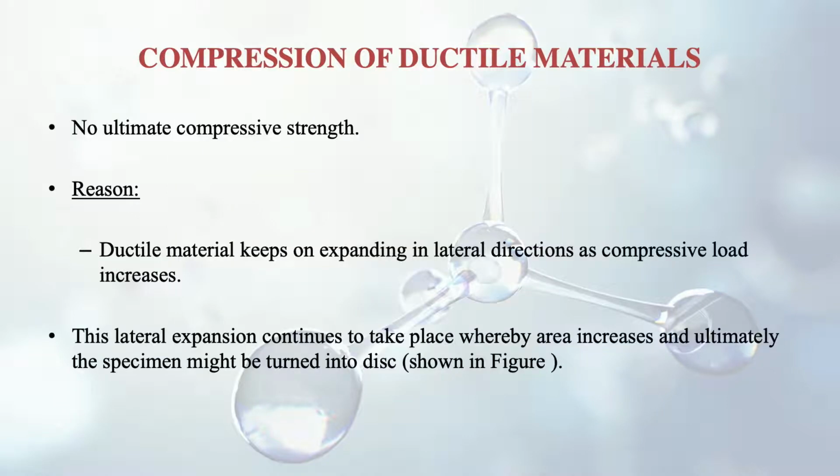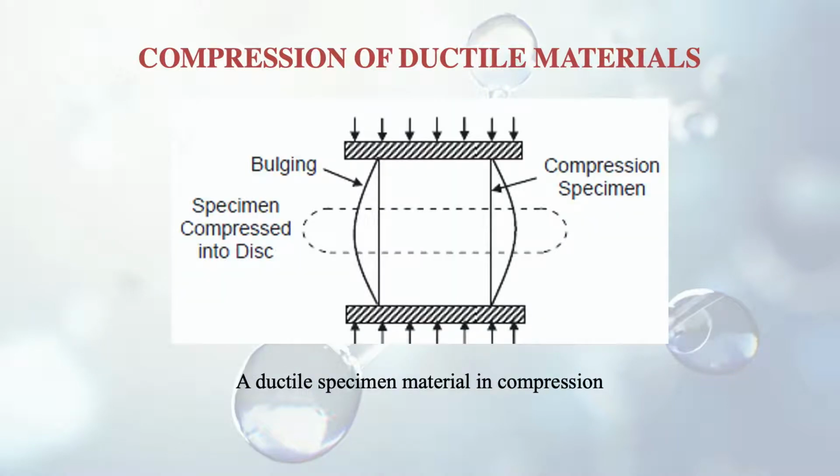This lateral expansion takes place and continues to take place, whereby the area will increase, as you are seeing in the figure, and ultimately the specimen might be turned into a disc. The dotted curve in this figure represents the disc. If we keep on applying this compressive load, the ductile material will keep on taking the load and will finally get converted into a disc, but it will not break.